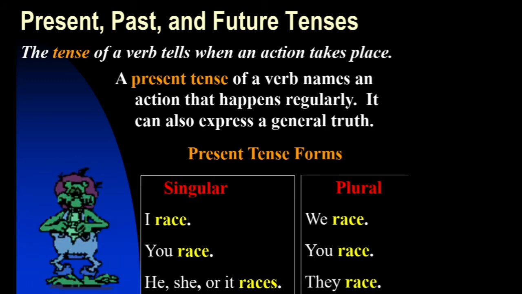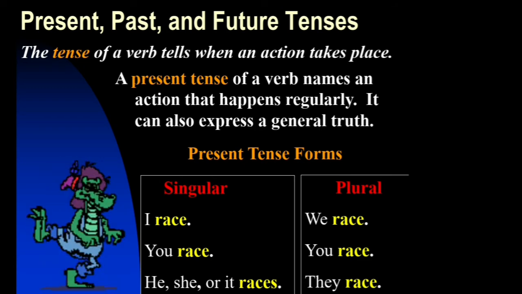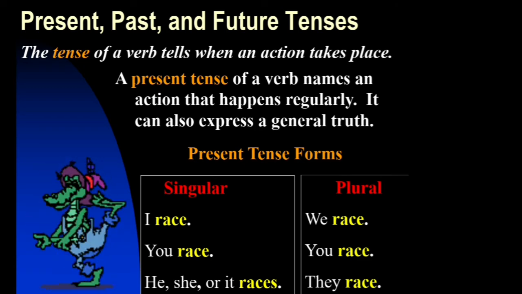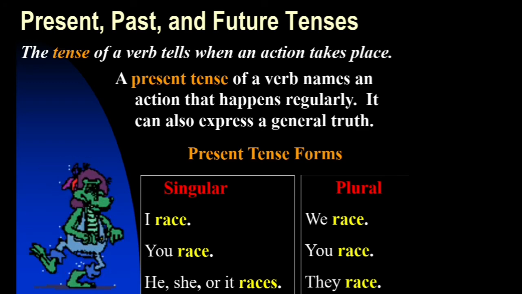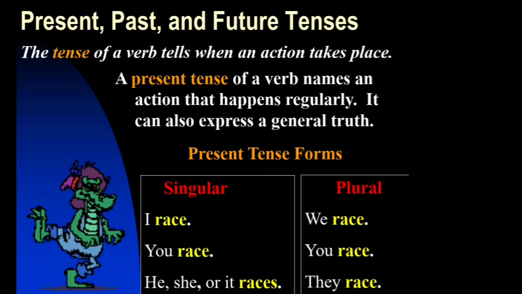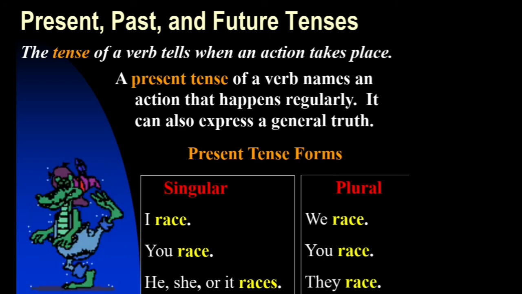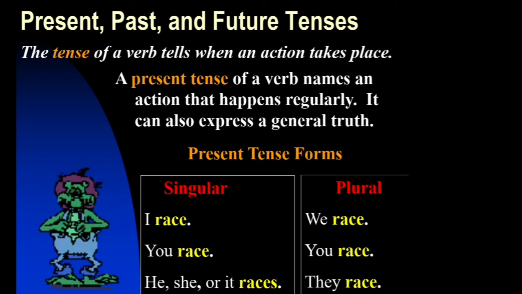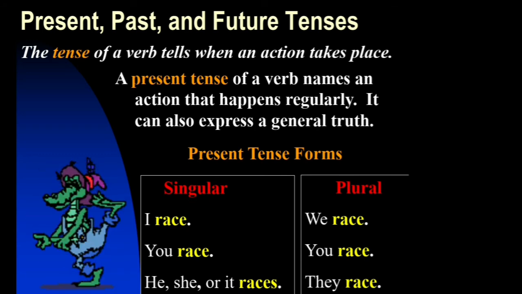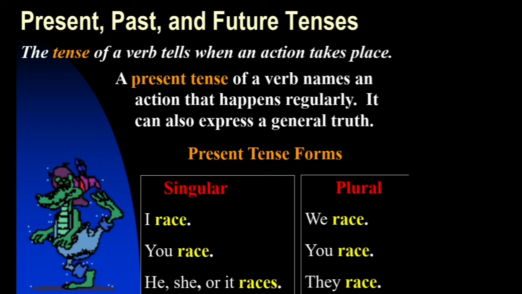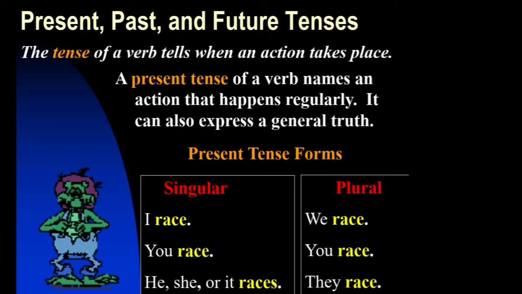It can also express a general truth. Present tense forms, singular: I race, you race, he, she, or it races. The plural form is we race, you race, they race.